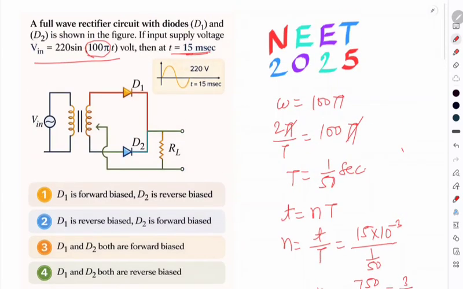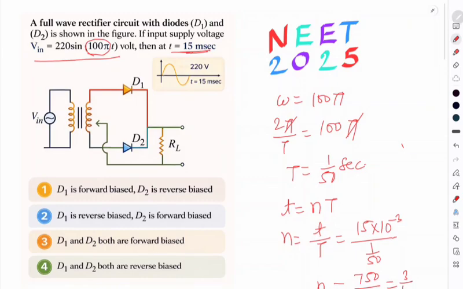It means that up to here it is half a round, and up to here it is 3 by 4 round. From this curve, assume that at t equal to 0 this end is at higher potential and this end is at lower potential.